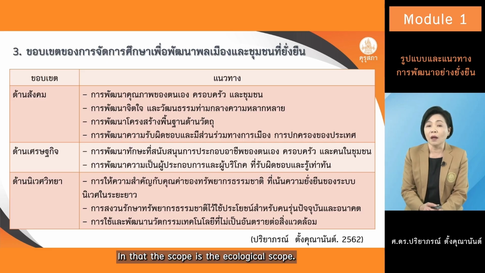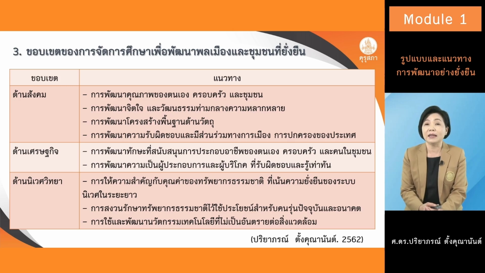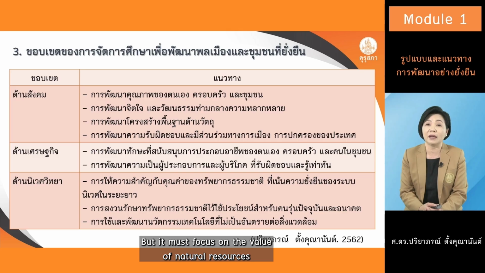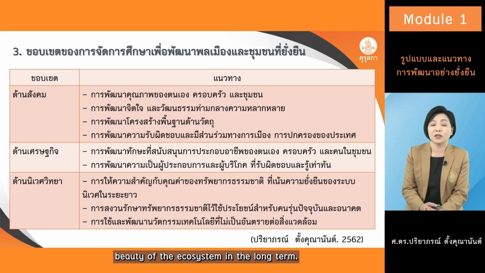The third scope is the ecological scope. The scope of ecology is education for the sustainable development of citizens and communities, but it must focus on the value of natural resources that emphasizes the sustainability of the ecosystem in the long term.